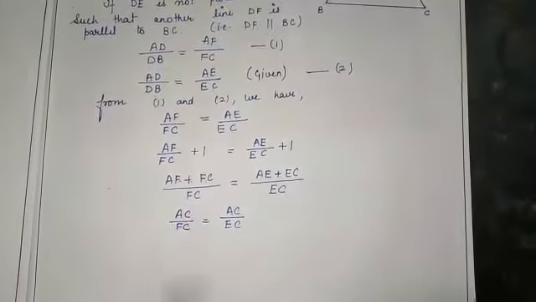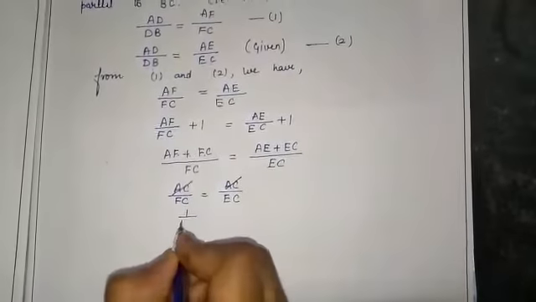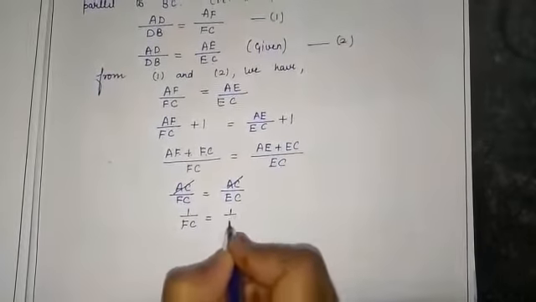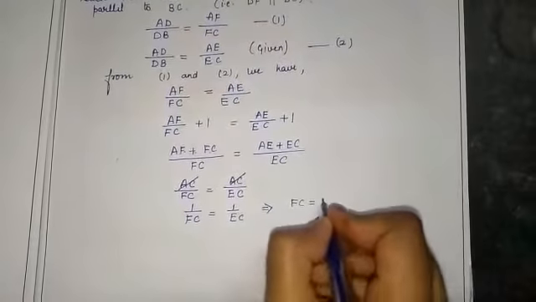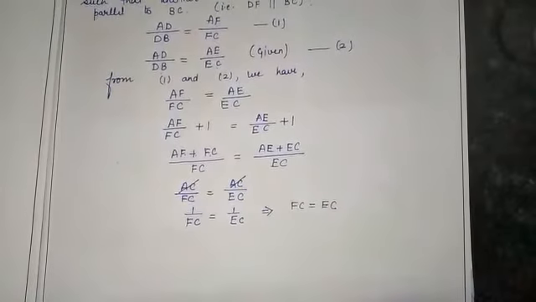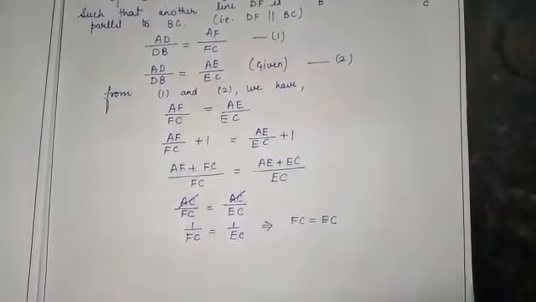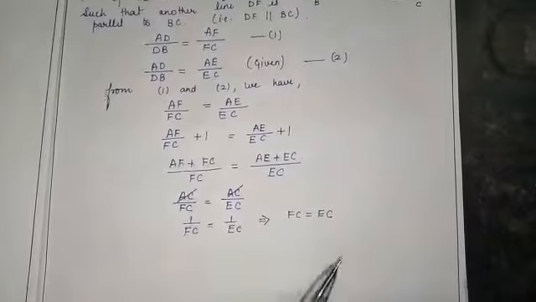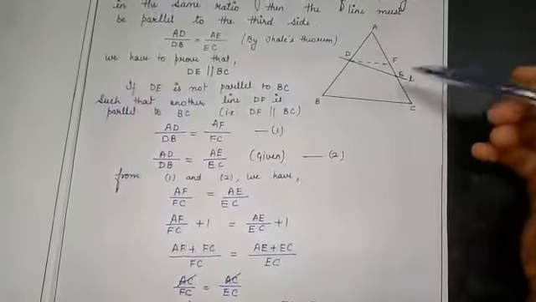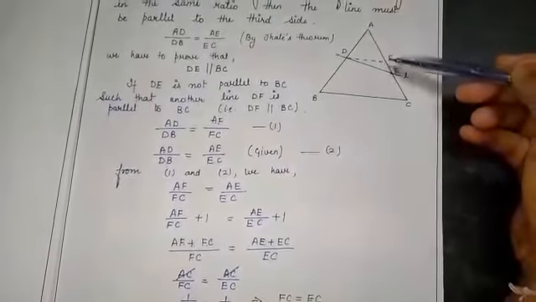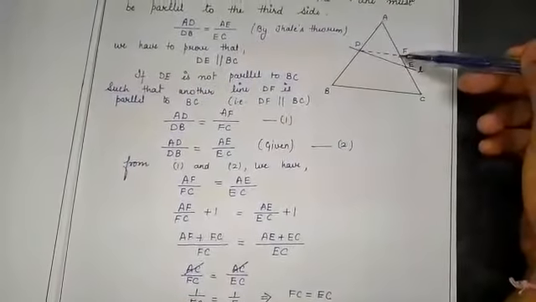Now I am going to eliminate AC on both sides. Then we have 1 upon FC is equal to 1 upon EC, so FC is equal to EC. This is possible only when F and E coincide. That is, F and E are not different points on the side AC; they lie on the same point.